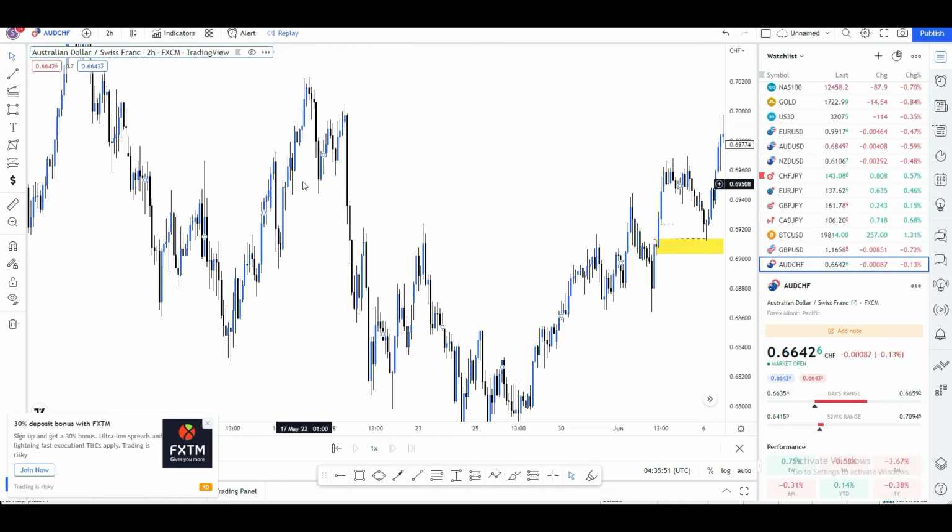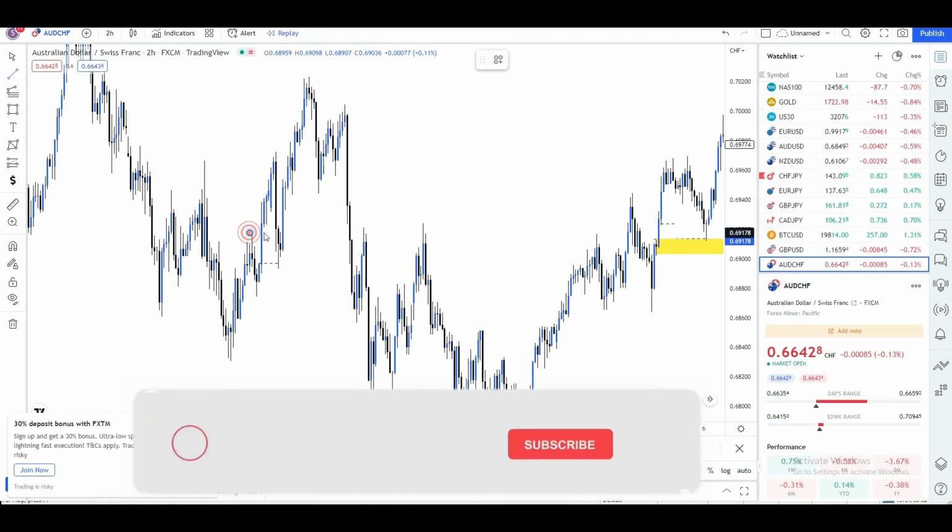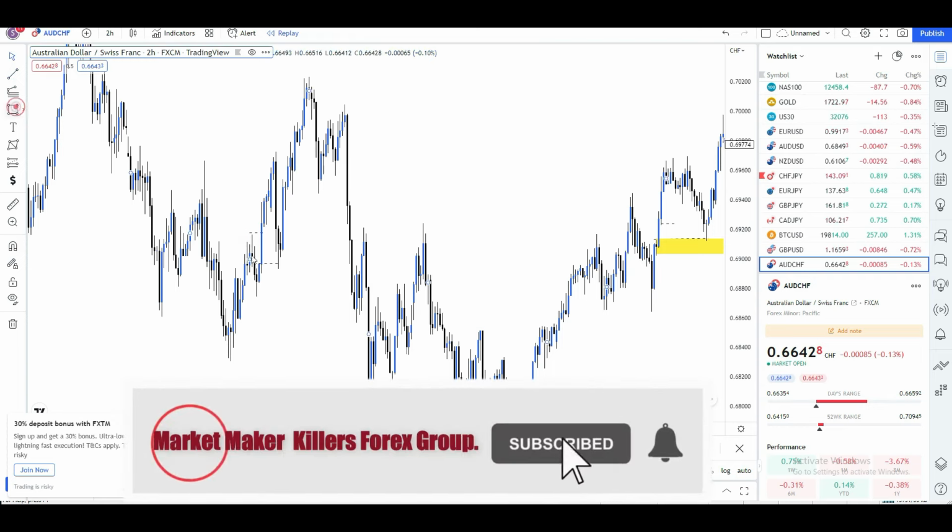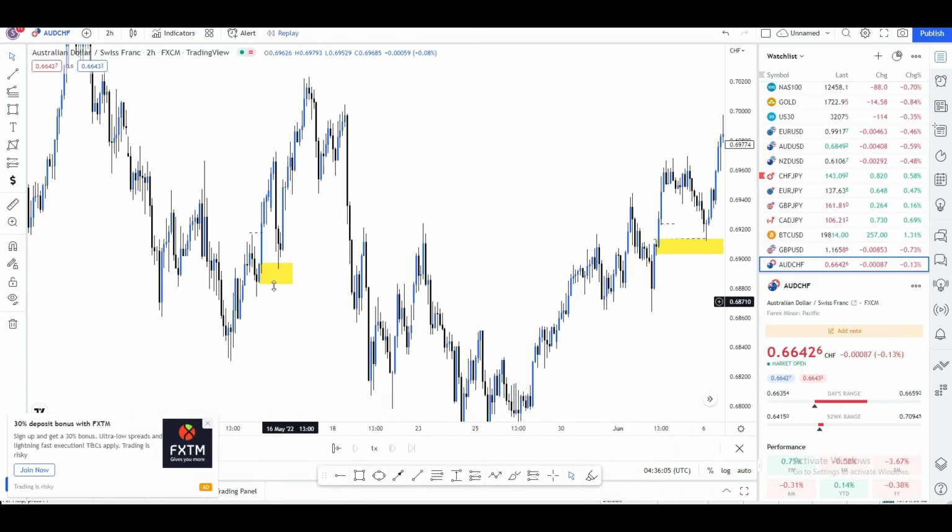Because if you can identify your supply zones, and only stick to trades or zones rather that show you imbalance, then you can definitely increase your probability. As you can see, we had an imbalance there, and it was definitely filled up, and then price came back to the hidden base area, and then price continued shooting up.